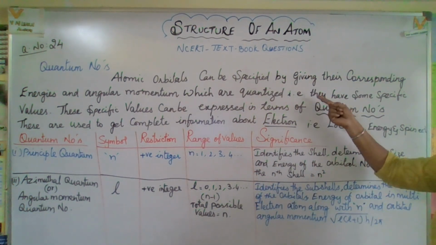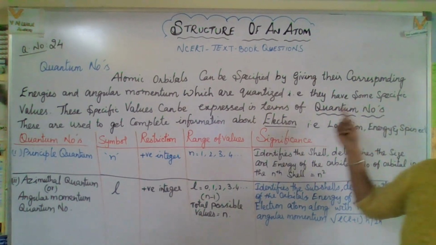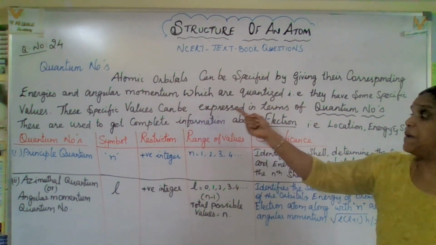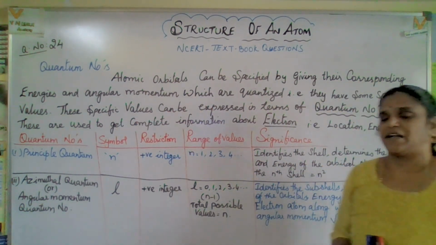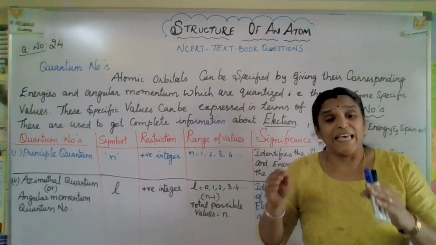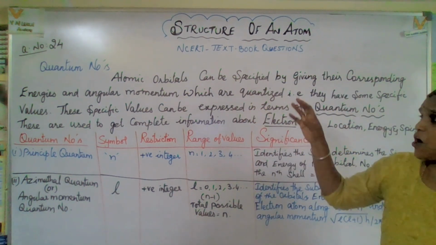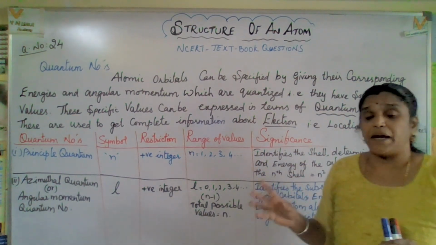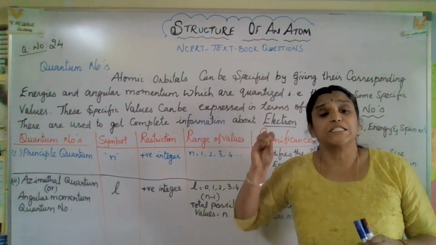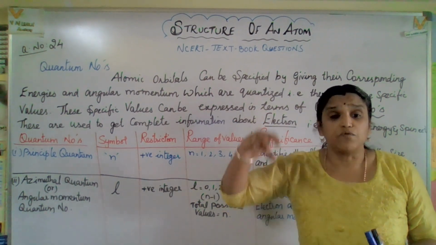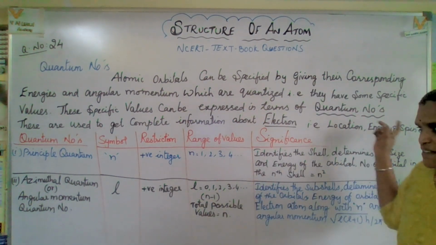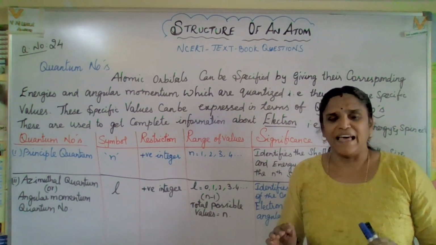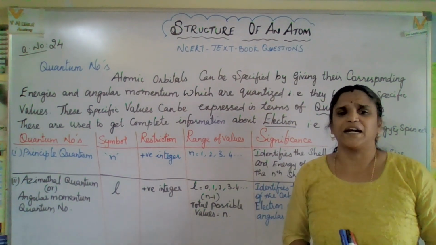That is, they have some specific values, and those specific values can be expressed in terms of quantum numbers. So each and every atomic orbital has some energy and angular momentum, with specific values, and those values can be expressed in terms of quantum numbers. I hope you got a clear idea about what we mean by quantum numbers.